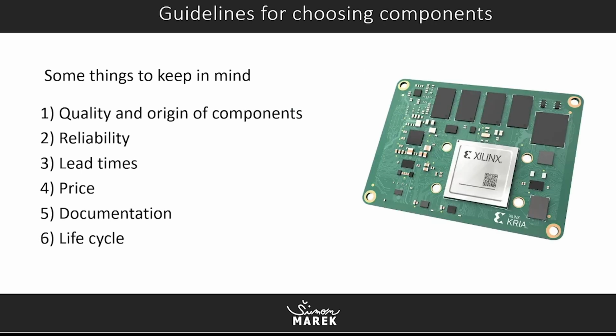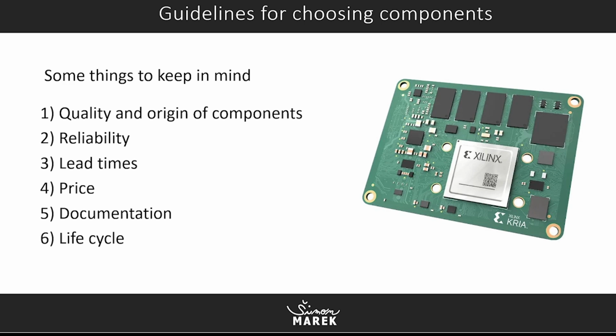So there are some guidelines for choosing components. There are some things to keep in mind. It should be quality and origin of components, reliability, also lead times. You should expect your supplier to have as short lead times as possible. Also the price should be as low as possible.